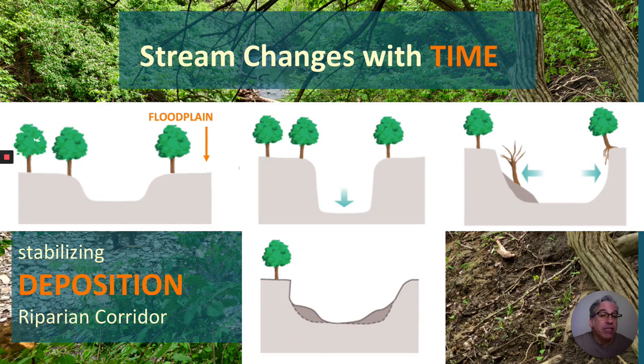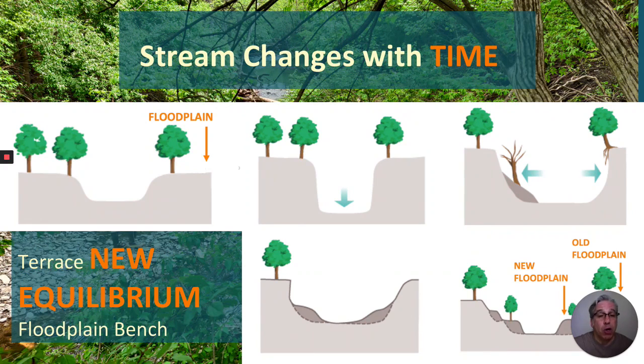Over long periods of time, the material deposited in the stream will accumulate in the stream channel and create terraces or benches that may result in a more stable stream corridor where a new floodplain develops and is stabilized by vegetation. The process can take hundreds or thousands of years. Many of our approaches in stream restoration accelerate this natural process to achieve a stable new equilibrium in a few years.